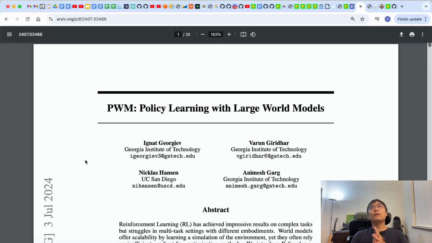So given that there are three directions to make ACT better: one was to make it a generalist so that it can be generalized in different scenarios, let's say different cameras and so on. The second was to make a better model architecture.